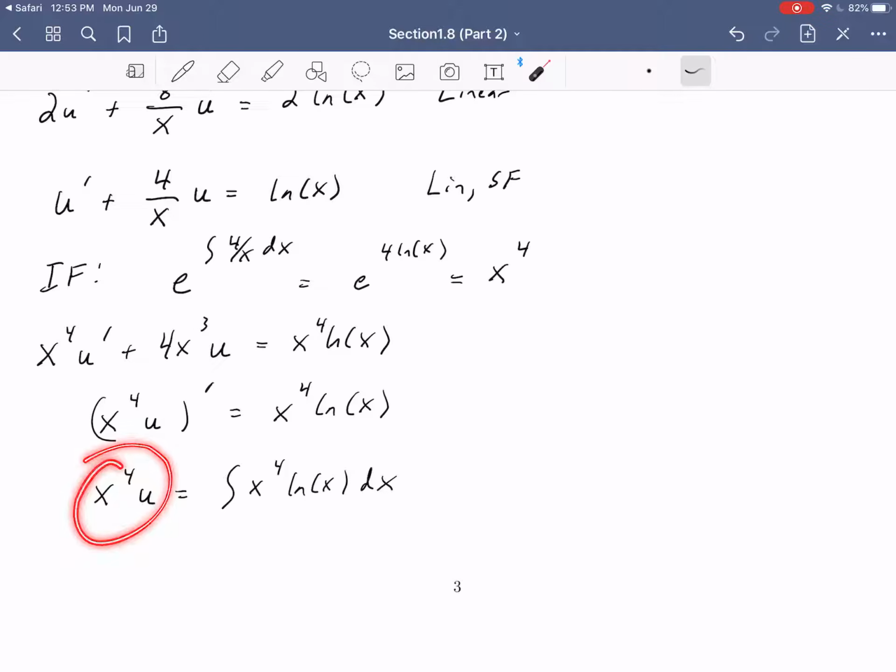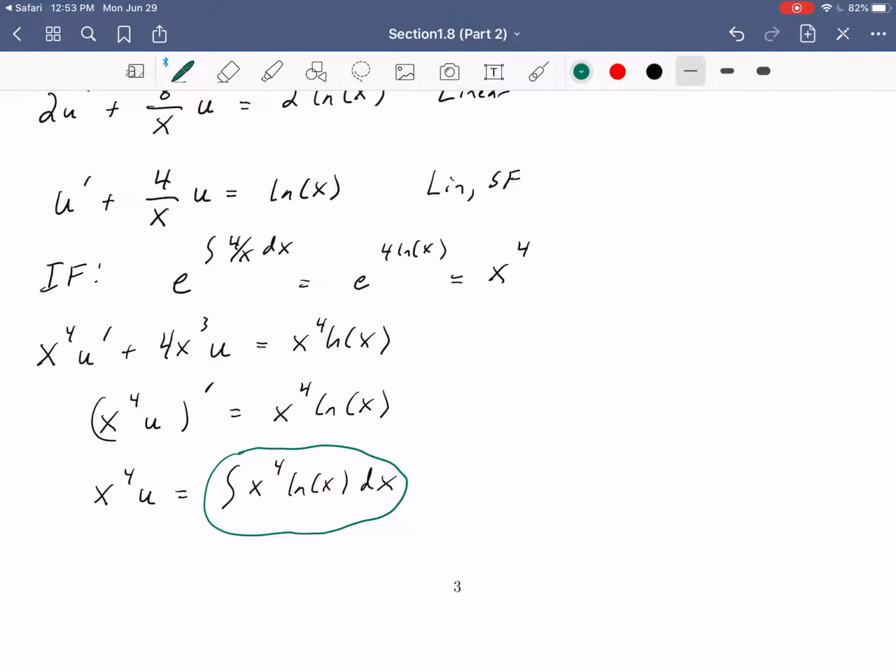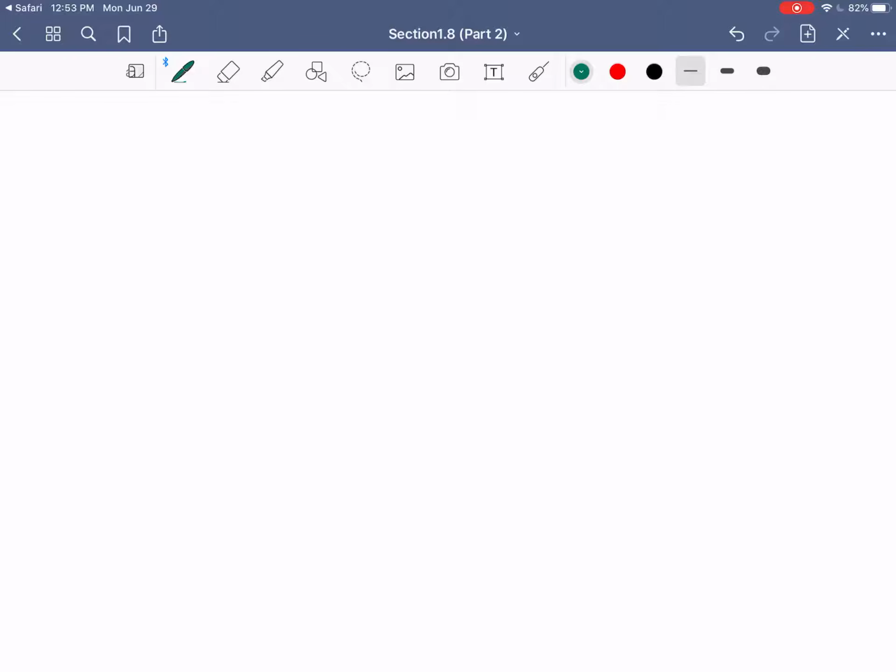We're done on the left-hand side, but we will need to figure out this integral. This is a product, so it's probably going to be an integration by parts. So let's go ahead and grab this real quick. We'll do it on a separate page and then come back and finish this up. So let's zoom in a little bit. We've got the integral of x to the fourth ln x dx. This is an integration by parts where you do not want to differentiate the polynomial.